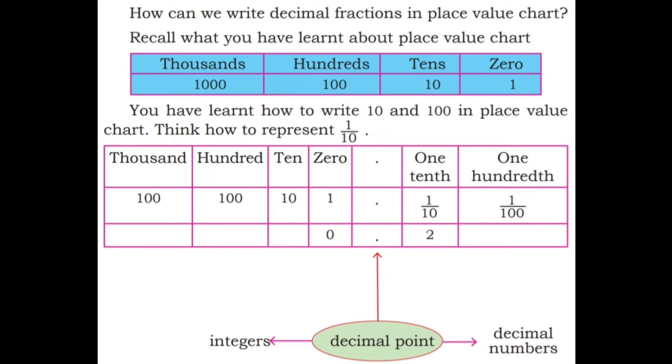Recall what you have learned about place value chart: ones, tens, hundreds, thousands. You have learned how to write 10 and 100 in place value chart. Think how to represent 1/10. Earlier you learned to write only 1, 10, 100 in the place value chart. Where will you write 1/10 in the place value chart? 1000, 100, 10, 0, and after that put a point, then 1/10, 1/100 are written on the right side. So what is on the left side are integers, the point is the decimal point, and what comes on the right side are decimal numbers.